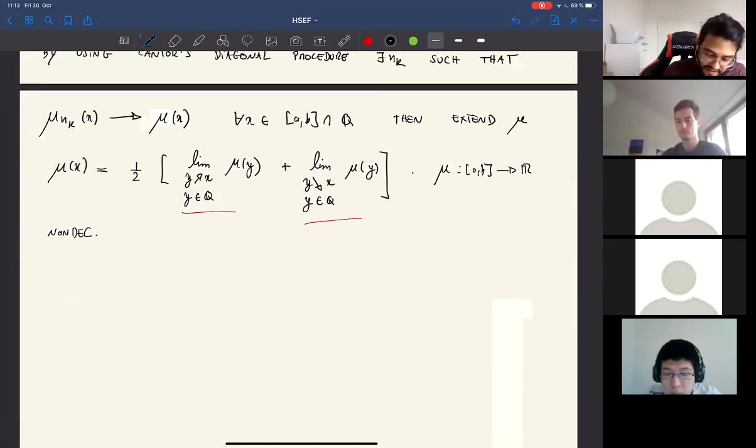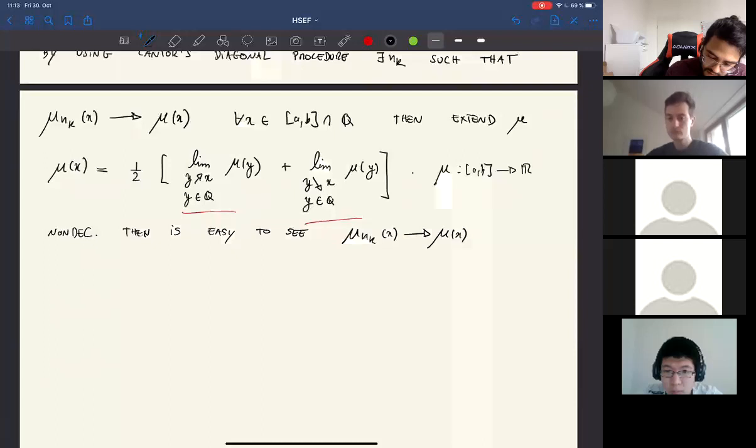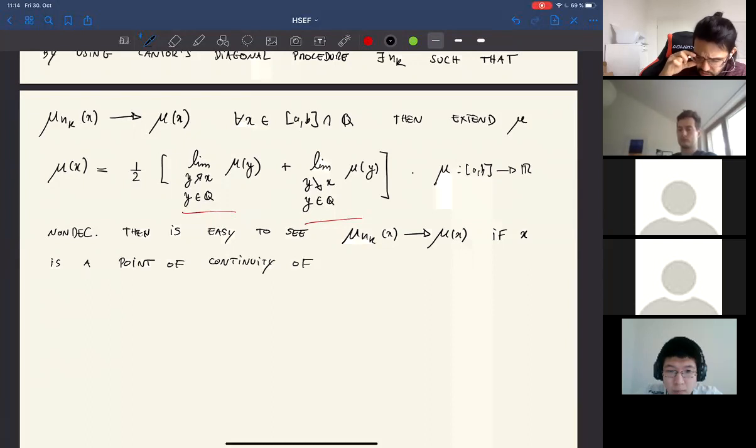And then I would leave as an exercise, a very simple exercise, to show that mu_{n_k}(x) converges to mu(x) if x is a point of continuity of mu.